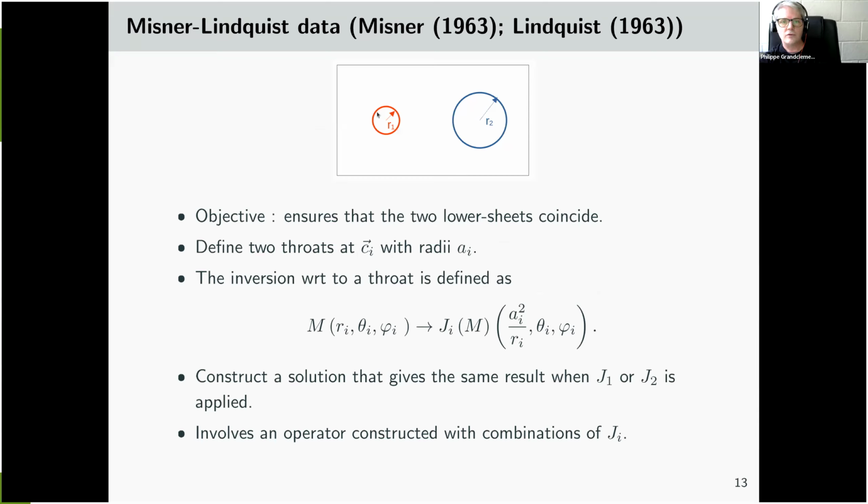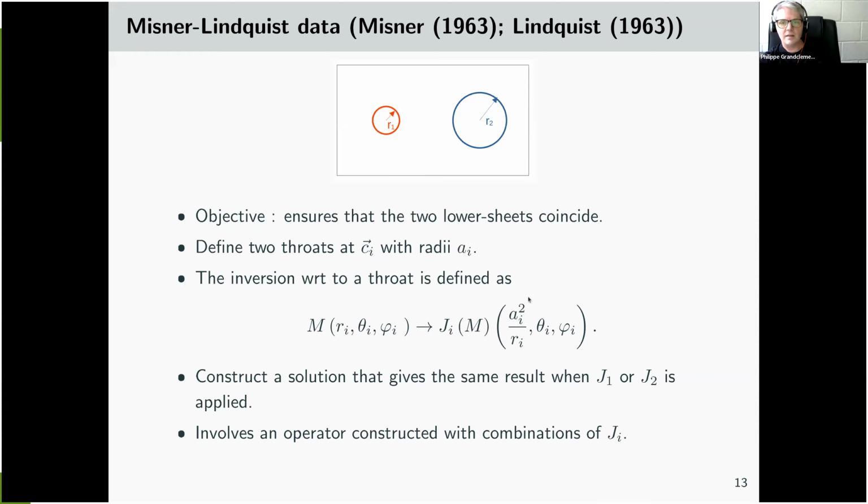So what you do, you consider two spheres of radius R1 and R2, and you define an operation which is the inversion with respect to one sphere, to a throat if you want, where essentially you just take the inverse of the radius.